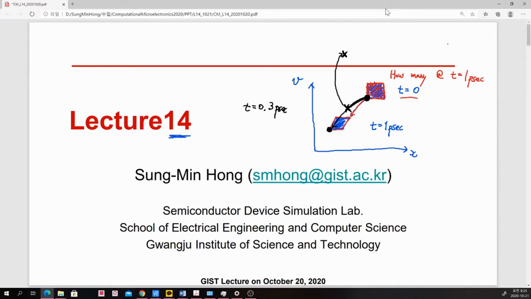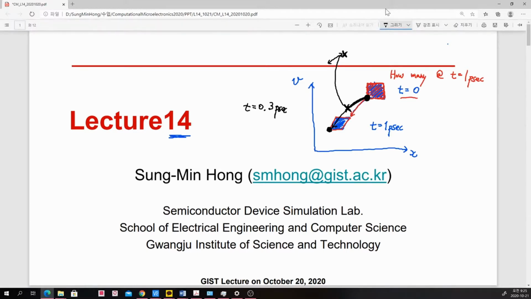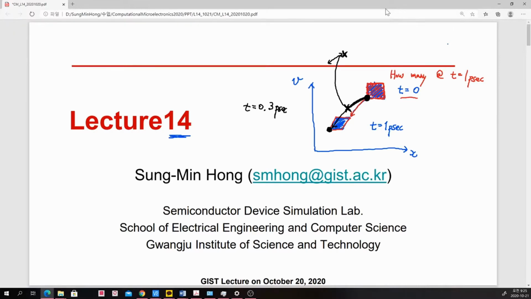After that, what will happen? It will again move in usual Newtonian motion. So the behavior of our electrons inside this phase space can be regarded as having two phases.